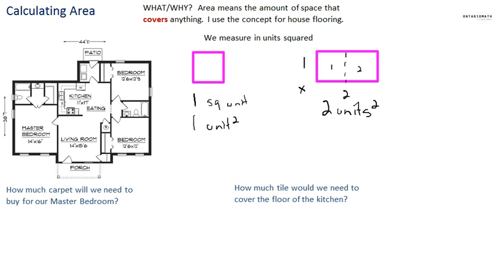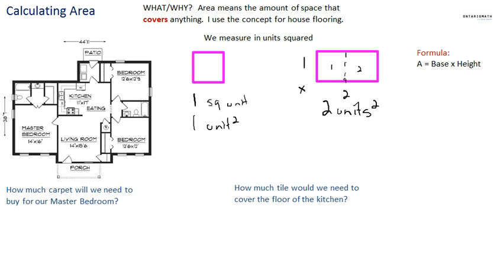And that leads us into the formula. The formula, and we're going to use this a lot, to figure out the area of a rectangle or a square shape is base times height. So area equals base times height. Your parents, or brothers and sisters, might have learned area equals length times width, which is the same thing.